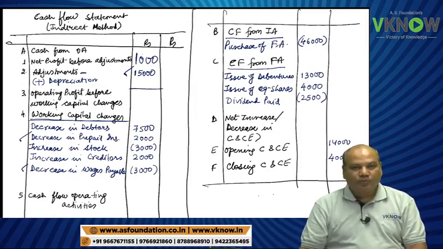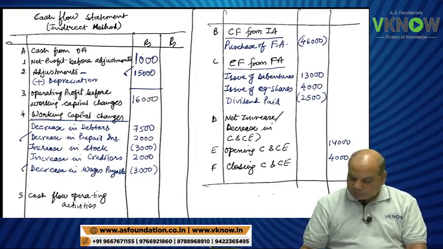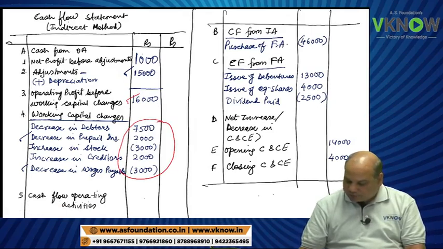First you come to operating activities. You will take total of 1,000 plus 15,000. That gives you operating profit before working capital changes. Now take 16,000 and add less this item.